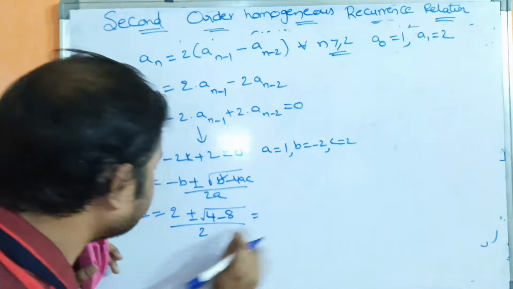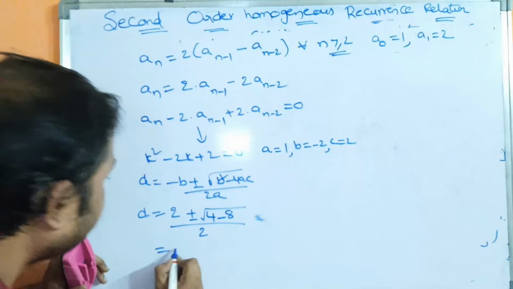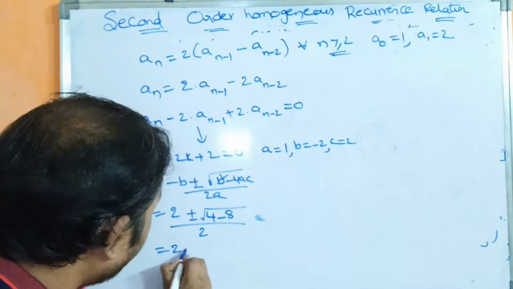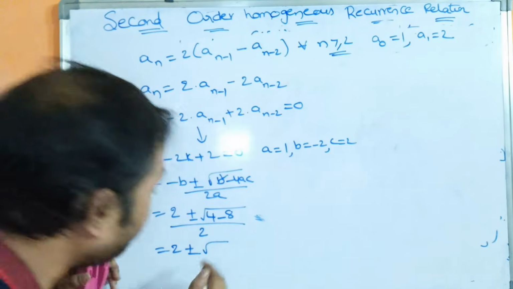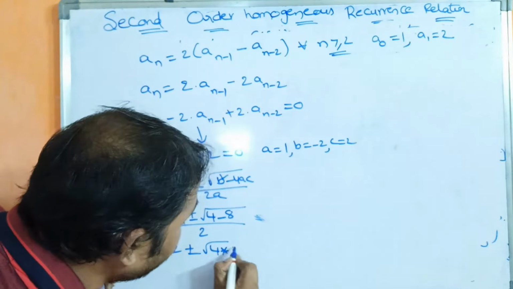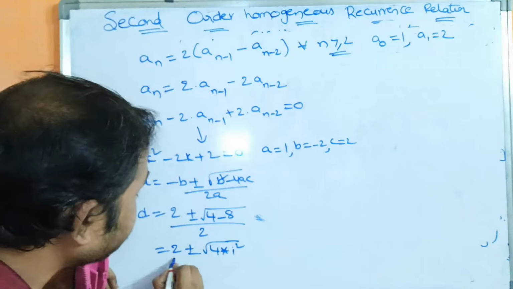So this can be written as 2 plus or minus square root of 4 minus 8. 4 minus 8 means minus 4. Minus 4 can be written as 4 into i square, because i square means minus 1.